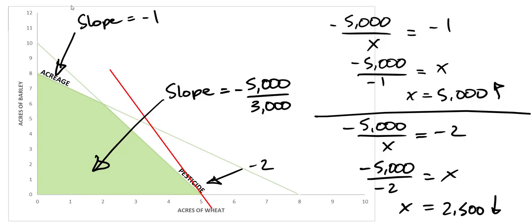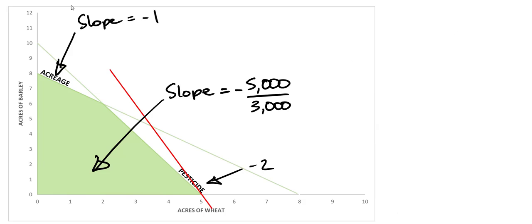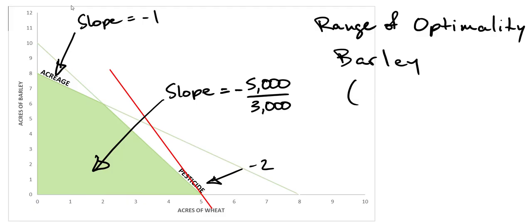And once again, we could express now our range of optimality for barley to be between $2,500 and $5,000. Once again, critical to remember, only one of those two can be altered at a time. I can only alter the coefficient for wheat or the coefficient for barley.